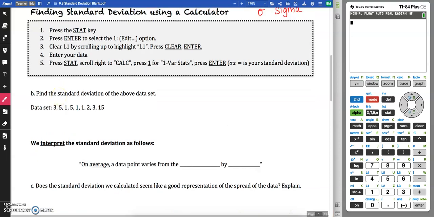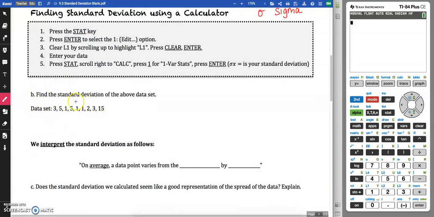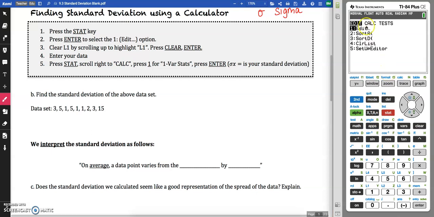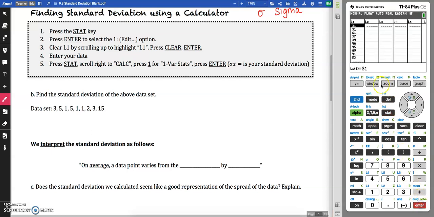So we have our steps here. And then we're going to actually use the same data set. So I rewrote it for you guys. And we're going to calculate the standard deviation. So let's follow the steps in our list. It says press the stat key. So here's stat on my calculator. And then we're going to press enter so we edit again. So we're trying to enter our list like we've been doing this whole unit.